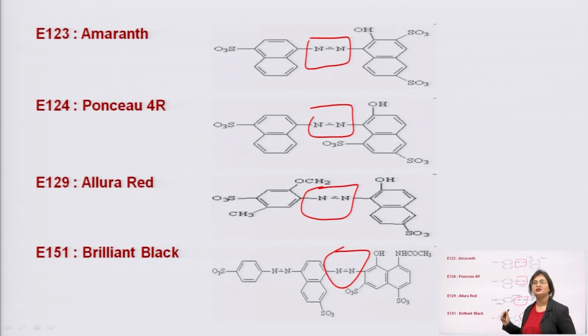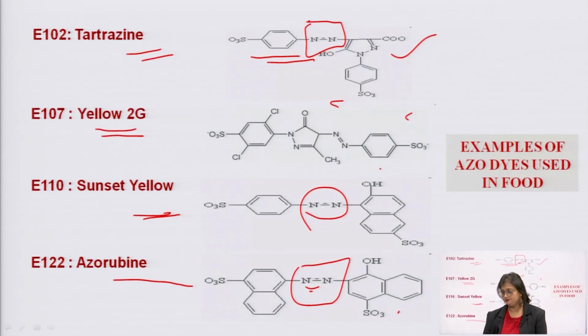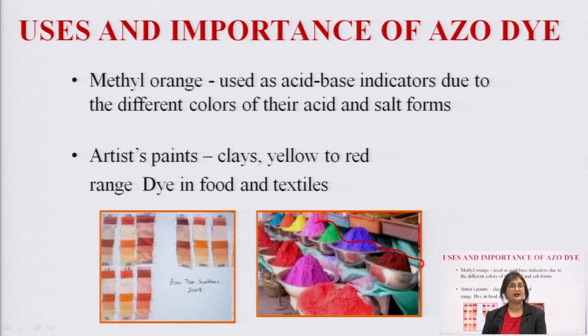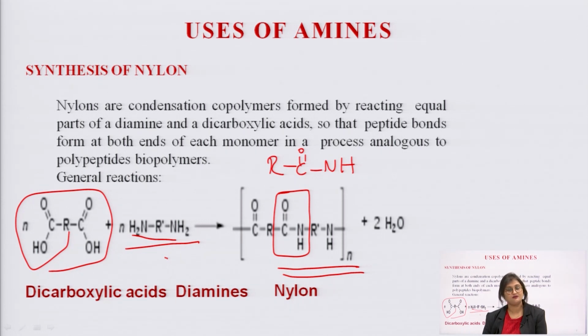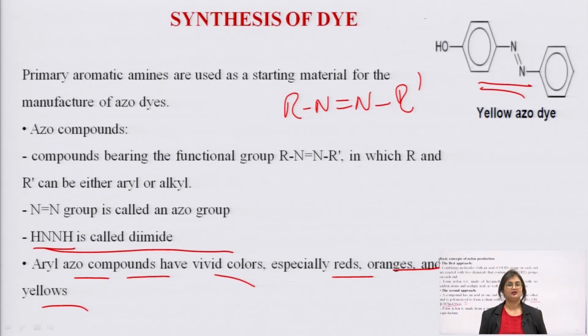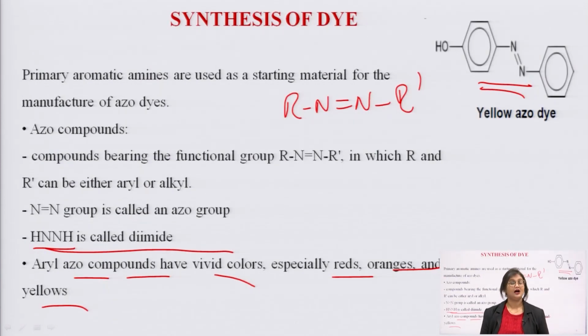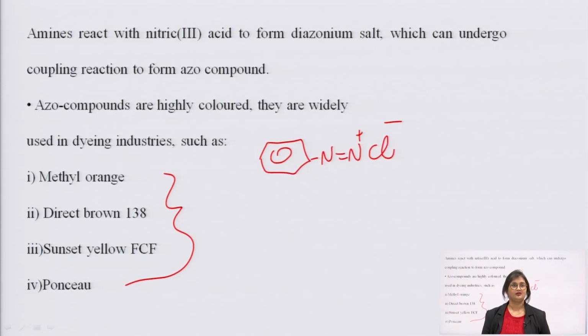Amaranth, ponceau 4R, allura red, brilliant black, these are the other azo dyes which find their use in the food industry and textile industry, etc. So, the two major industrial uses of the azo group, synthesis of nylon and synthesis of dyes, are of utmost importance.